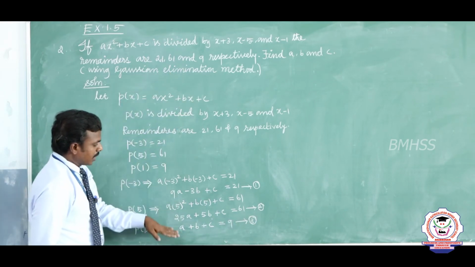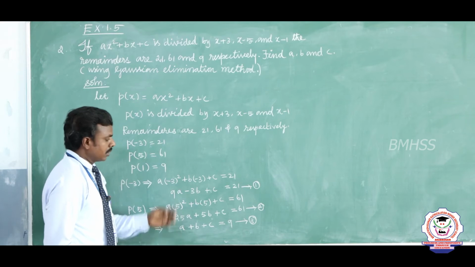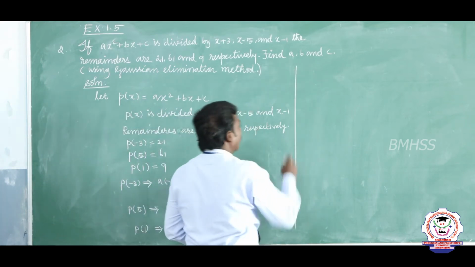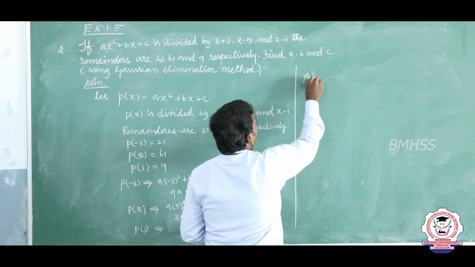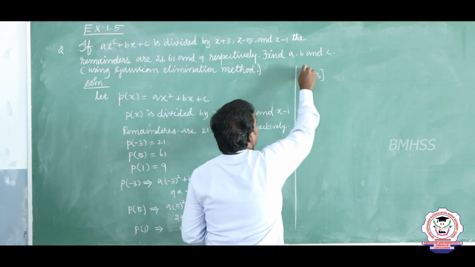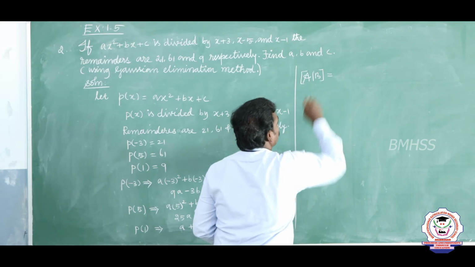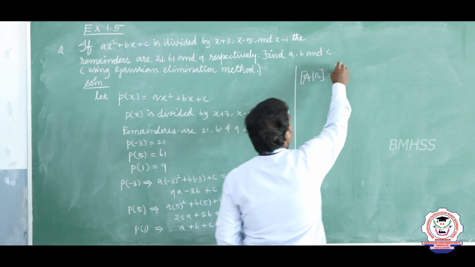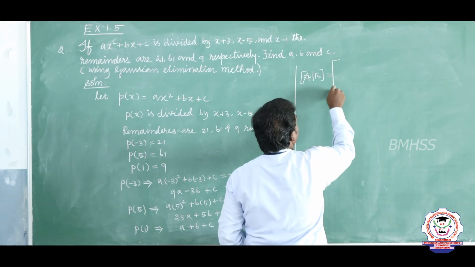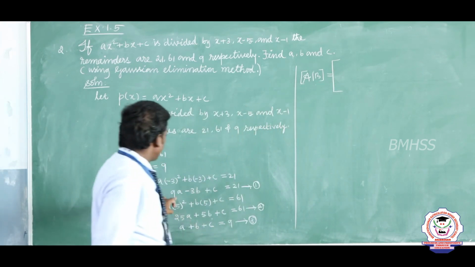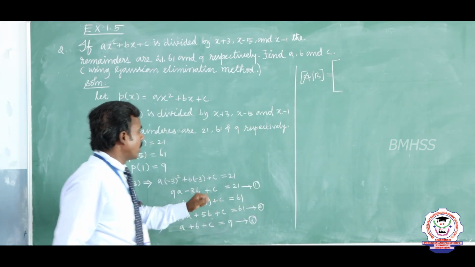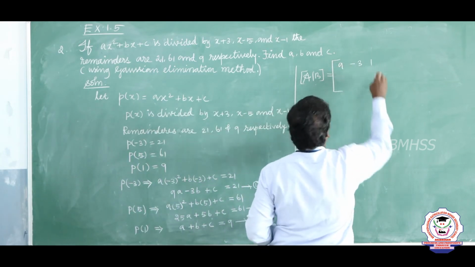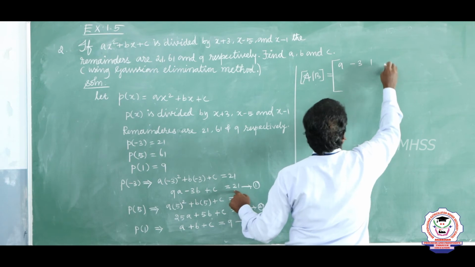From the first, second and third equations, now we can form an augmented matrix [A|B]. Listen to this, we have to transform this augmented matrix into echelon form. So what are the coefficients of a, b, c? From the first equation: 9, minus 3, 1, and the remainder is 21.